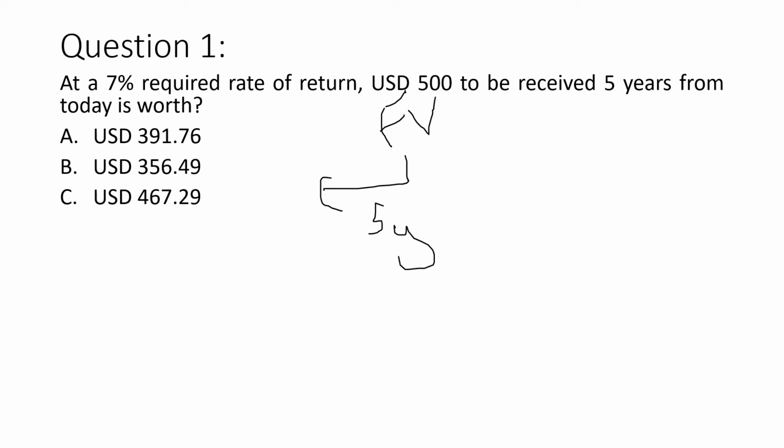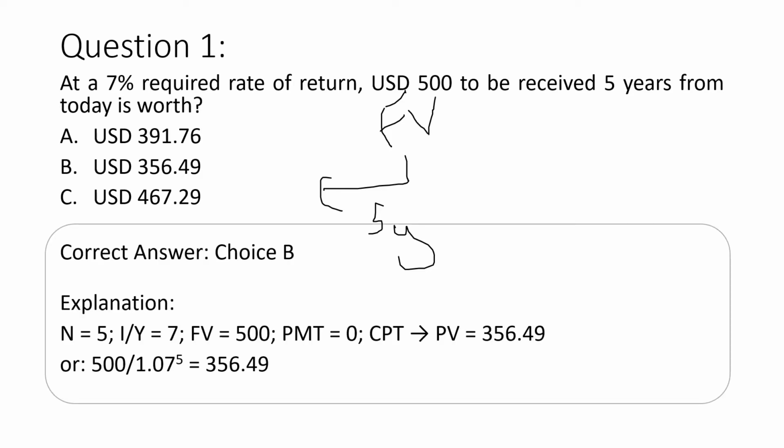The rate of return is 7%. Since they have not mentioned whether it's compounded quarterly or semi-annually or even monthly, we would have to assume that it is an annual compounding, which is great. So based on that, our correct answer is choice B.